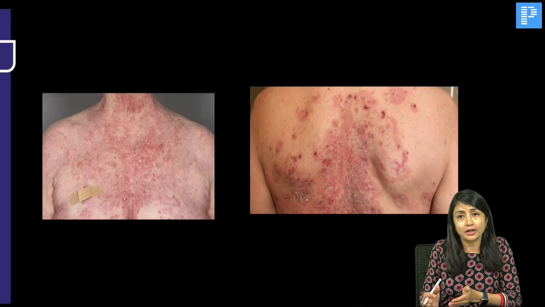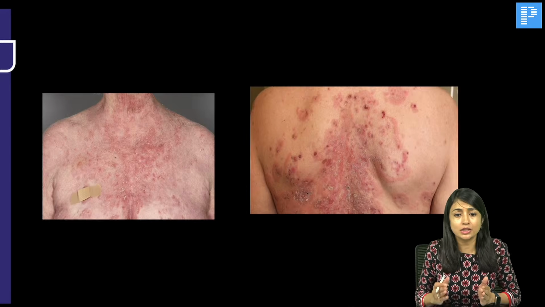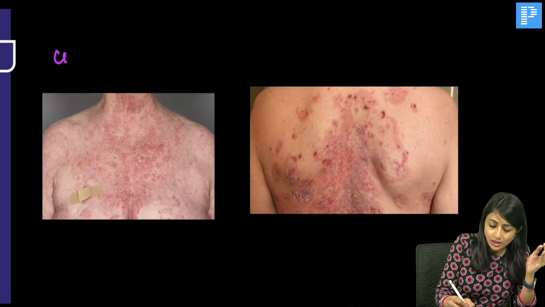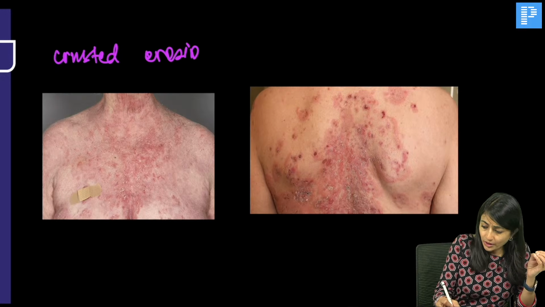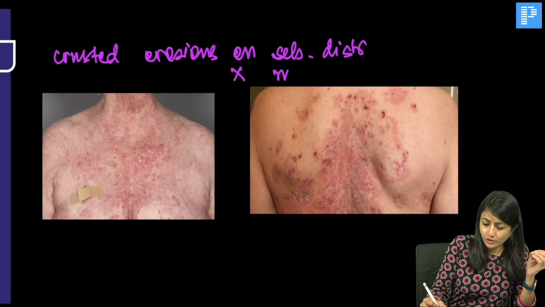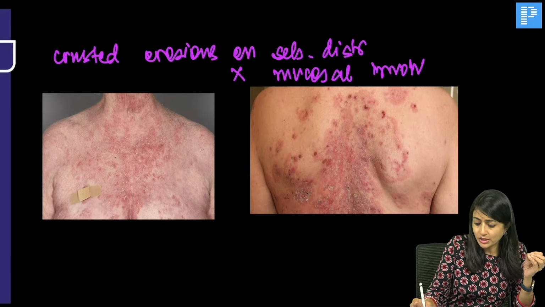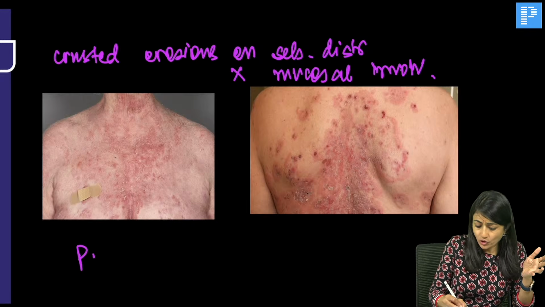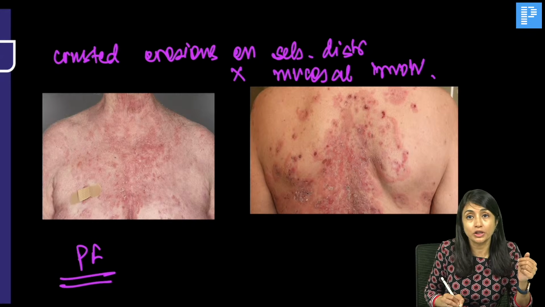On the other hand, if you have been given an image like this, where you see mainly crusted erosions in seborrheic distribution with no mucosal involvement, then you have to think of pemphigus foliaceus.